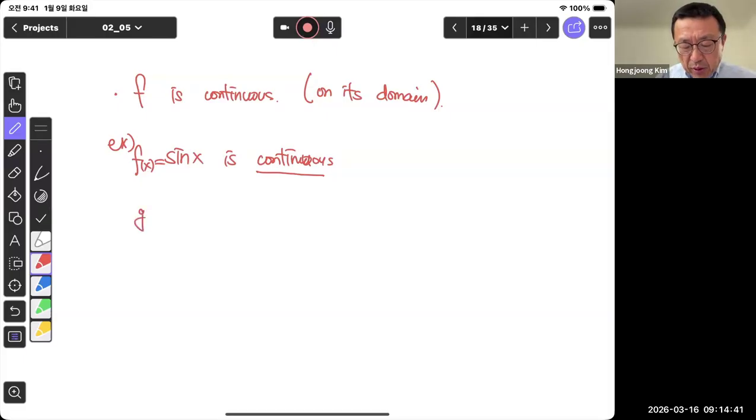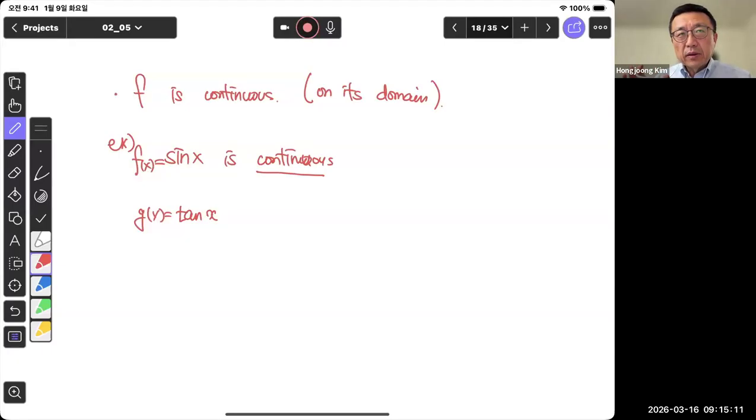Sometimes some people may say the tangent function is continuous. That means the tangent function is continuous at every point in the domain. In that case, you need to read this meaning from the context.